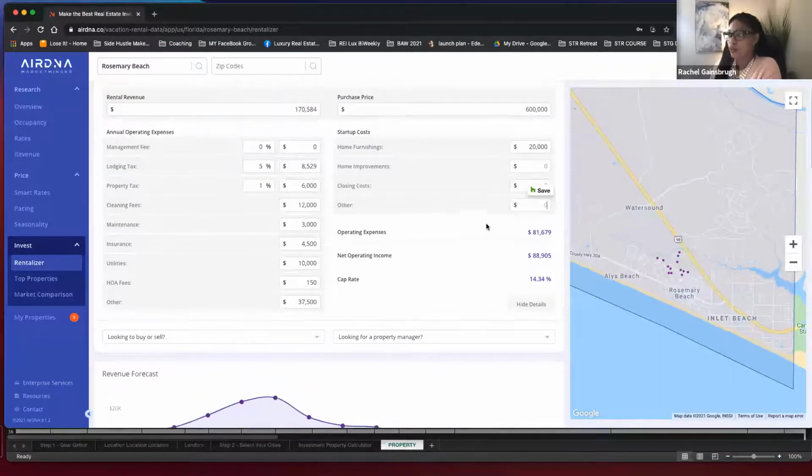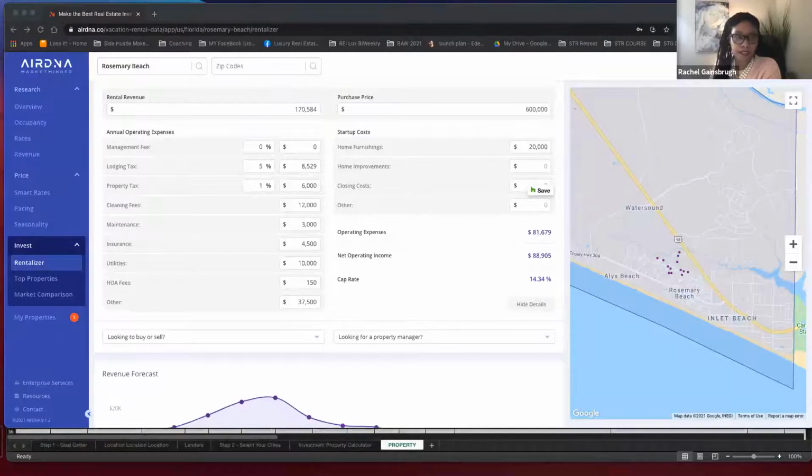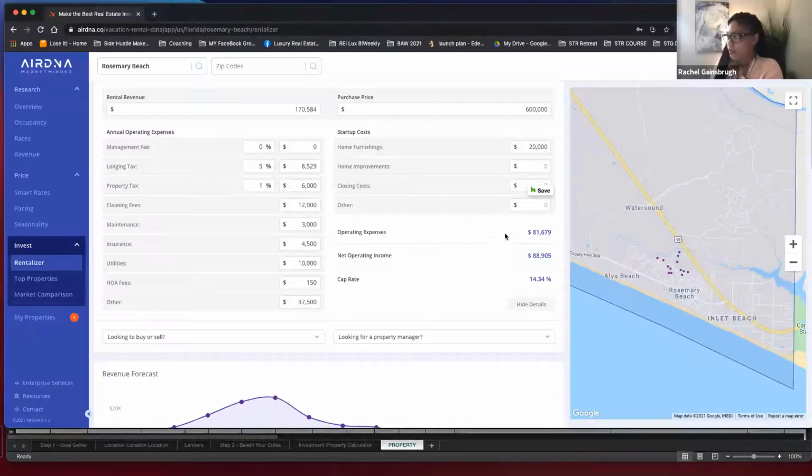And so my calculation is the down payment is going to be somewhere around, I would say, 90K, with the annual operating expenses at 81 or 82K, and a net operating income of 88K. My cap rate is listed here at 15%.